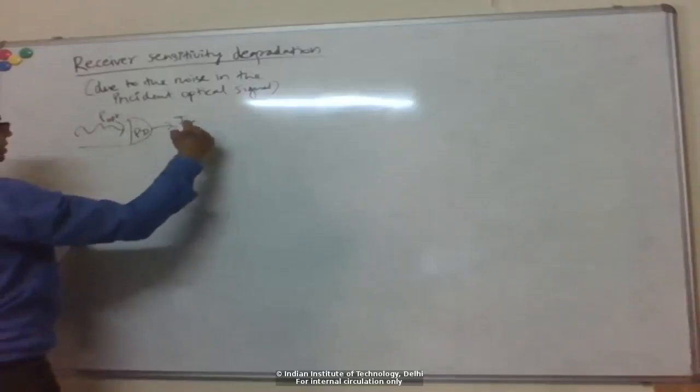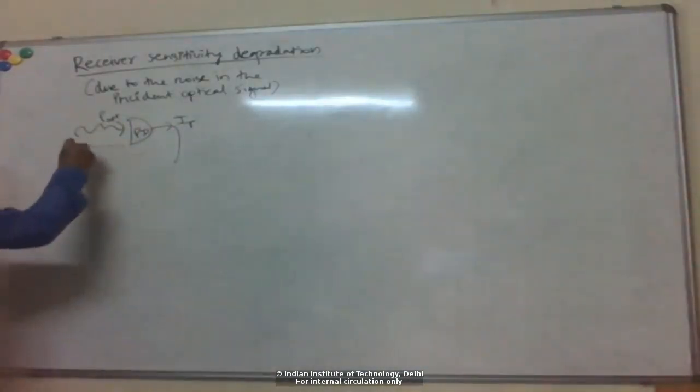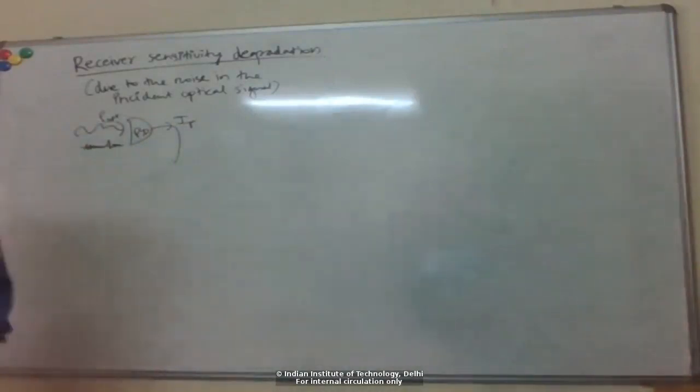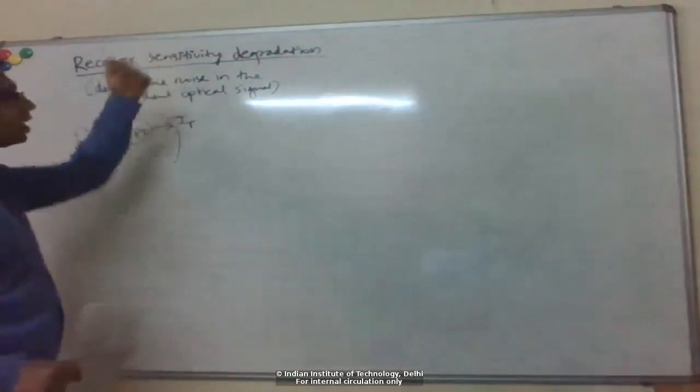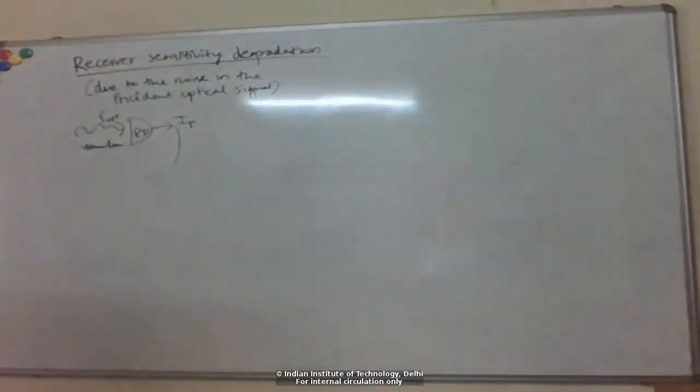The photocurrent here is getting noise because of mechanisms like shot noise and thermal noise that we discussed. But now you're saying, what if there was some noise here in the incident optical signal itself, which typically will be the case? That would further degrade my receiver sensitivity, or in other words, I'll need a higher optical power to operate at the same bit error rate.